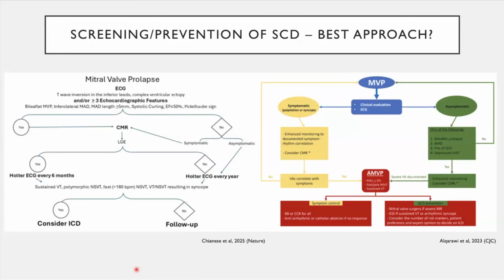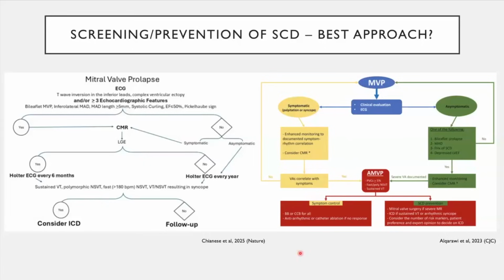The recommendations still aren't entirely clear. Whereas if you don't have that late gadolinium enhancement and you're asymptomatic, still getting Holter ECG every year can be reasonable because we know these patients are a bit higher risk. So monitoring for ventricular arrhythmias is important.